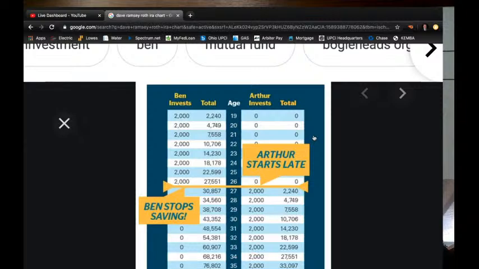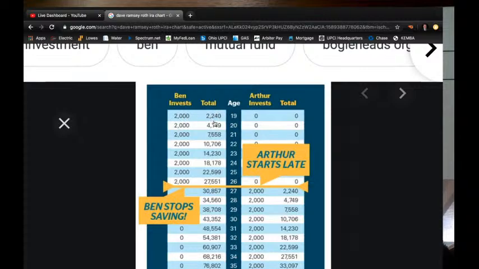And since we're talking about the exponential function, you need to know just a little bit about that. So here's a phenomenal example of investment and exponential growth, okay? And here's the thing with exponential growth. It's all about time, okay? Everything depends on time. So if I'm looking at this right here, this is Ben over here. Ben, at the age of 19, starts investing $2,000 a year into an account, what we would know as a Roth IRA.